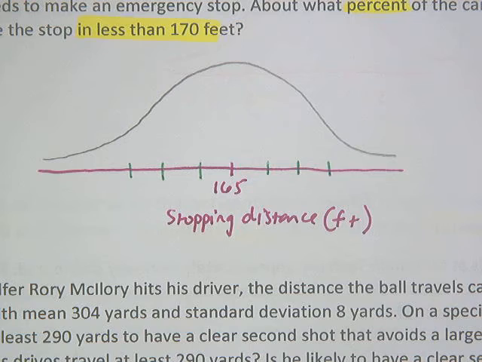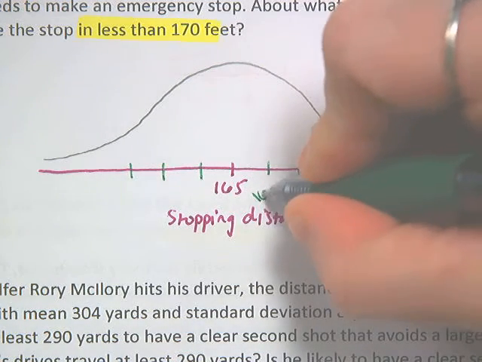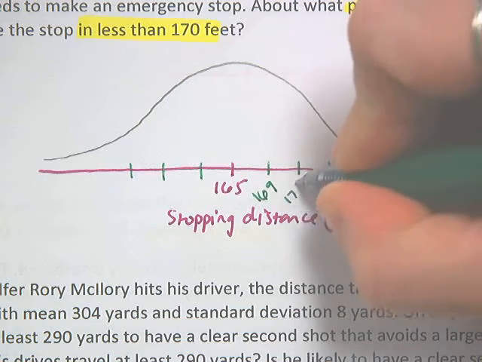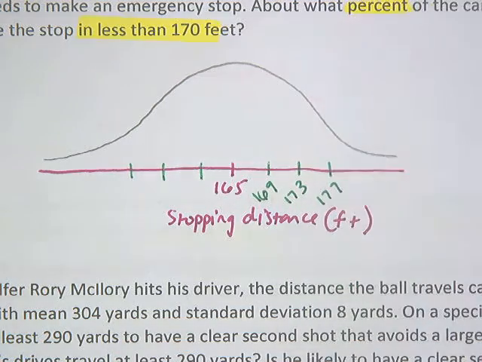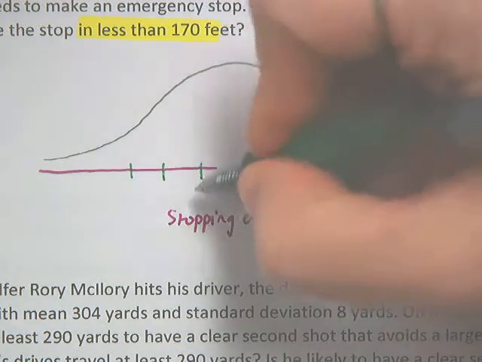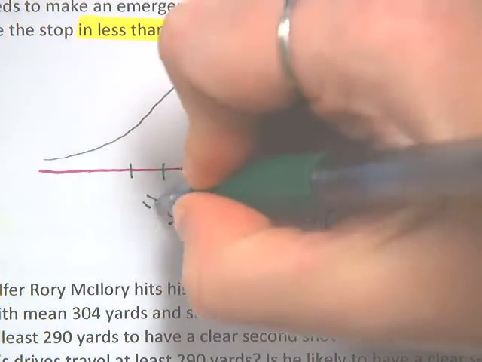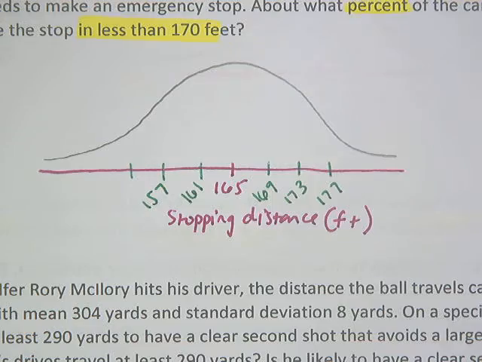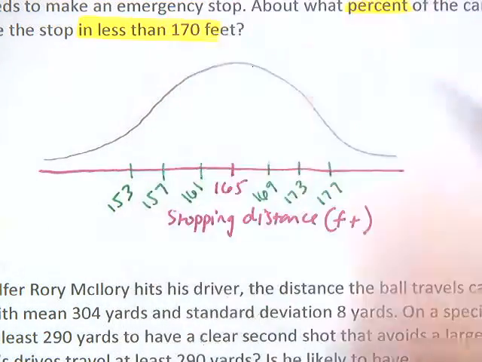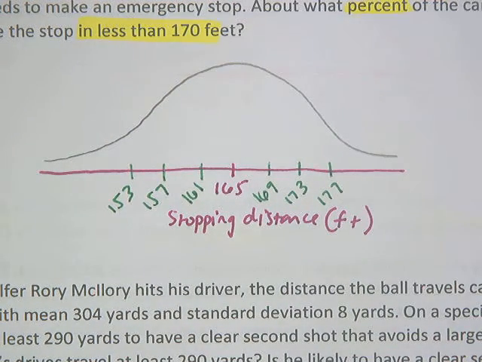So add 4, add 4, add 4, subtract, subtract, subtract. If you want to just shortcut it and write what I've written because you know how to add and subtract, that's fine.